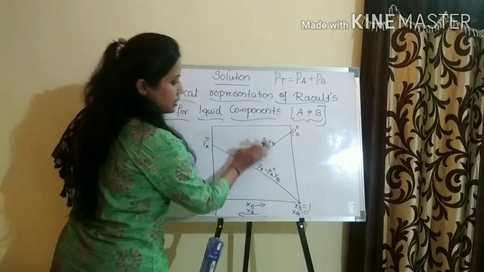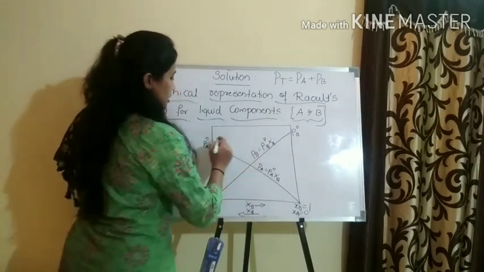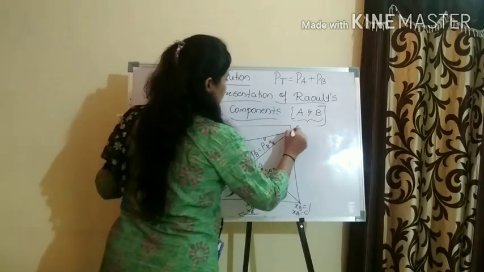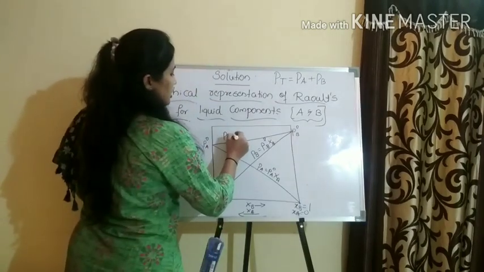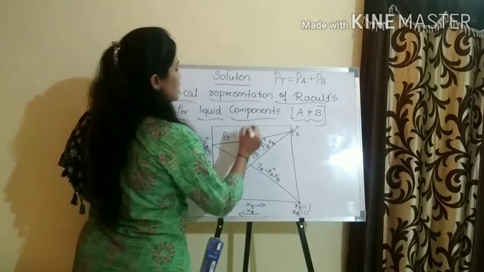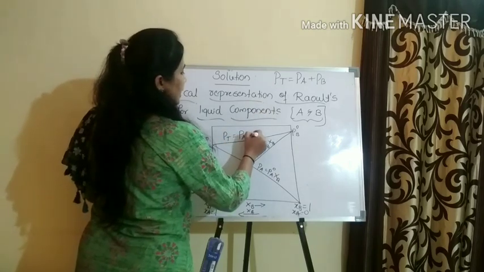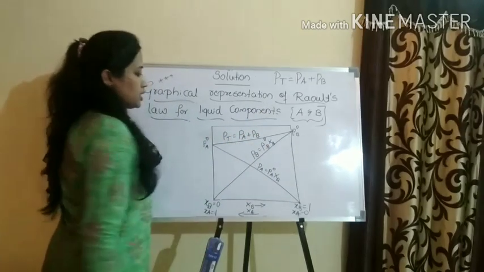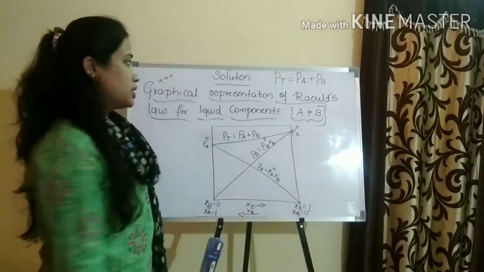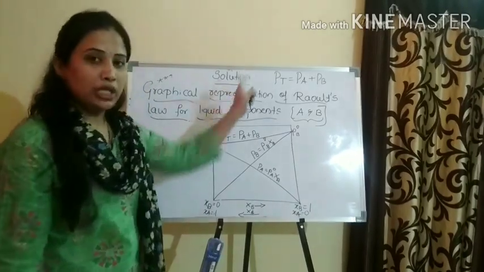If I combine these two, I get the value of P total, which is PA plus PB. So this is the graphical representation of Raoult's law containing the two liquid components.